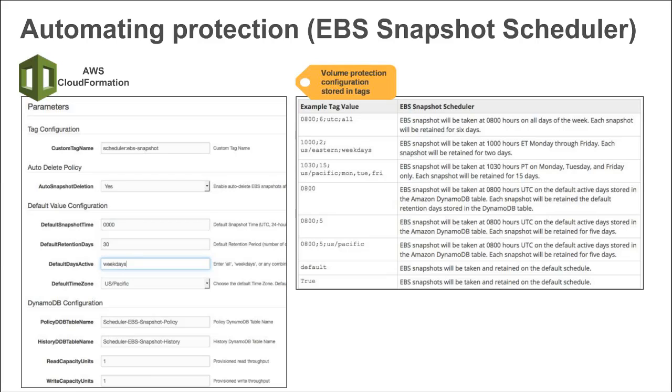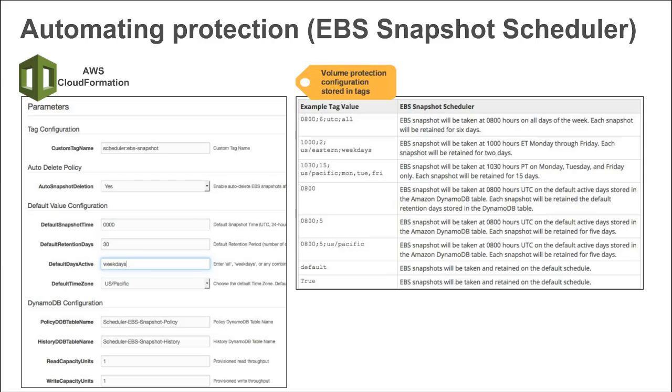And again, this tag is a simple key value pair. You identify the tag that is to be inspected when this process runs, and then there are certain values that you include in this tag. These values are separated by a semicolon. The first value is snapshot time. The next value is retention time. The next value is time zone. And then the last value is active days.